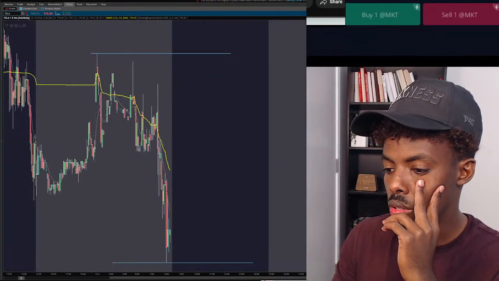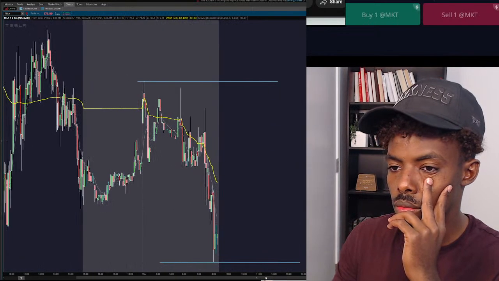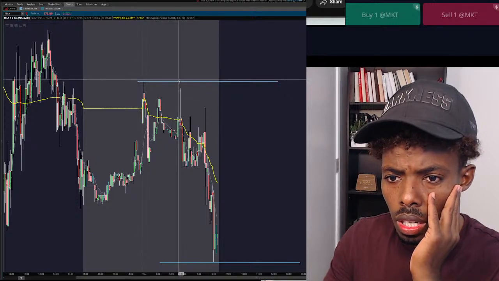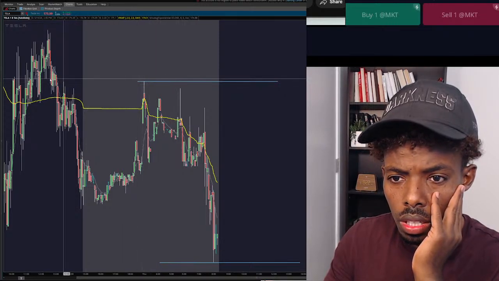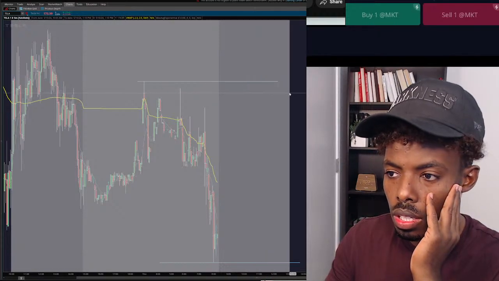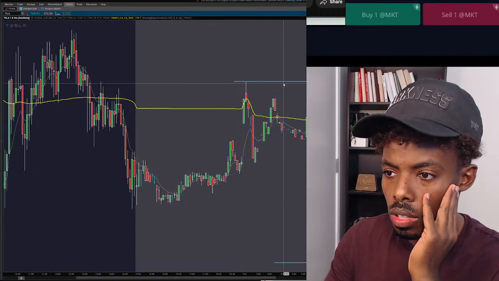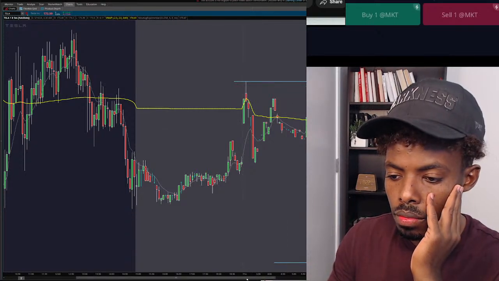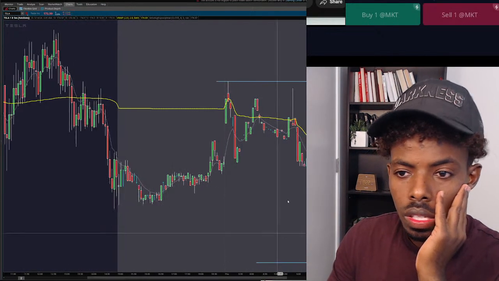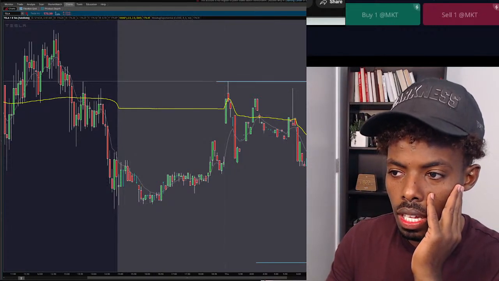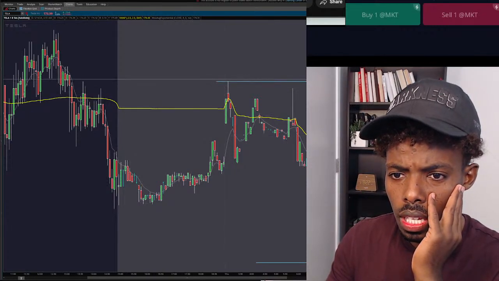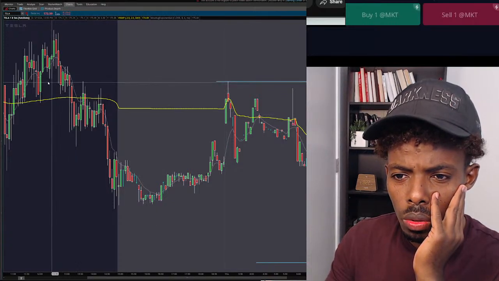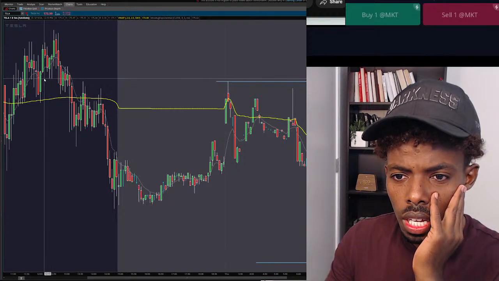So let's go ahead and create its zone. This is the line, the high. I would say here it's too close. There are too many wicks right here, so I can just go outside.